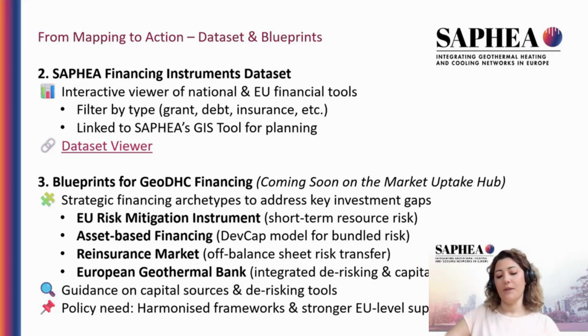And then there is a proposition for a few blueprints that could really deliver a change of pace in financing geothermal district heating and cooling projects. For instance, an EU-wide risk mitigation instrument covering the short-term resource risk, in a mechanism of asset-based financing, the option for a reinsurance market, and then for a visionary proposal that is a European geothermal bank.